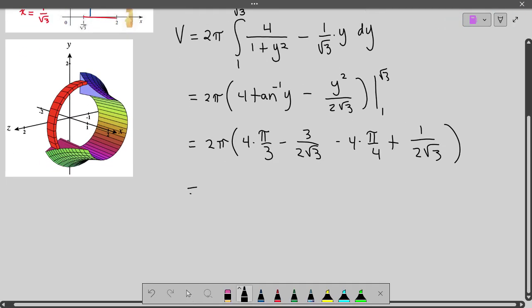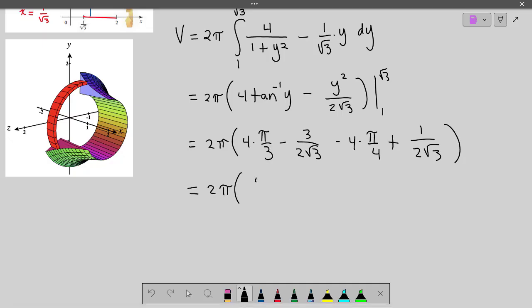And I will just simplify this so you have the simplified answer once you look at the notes.